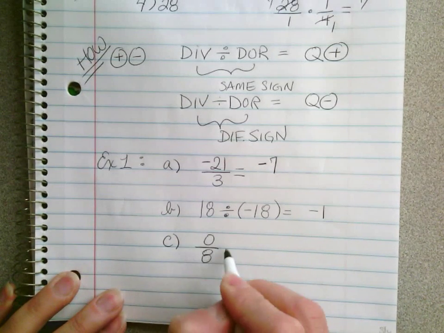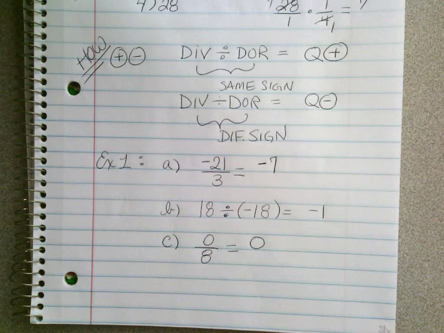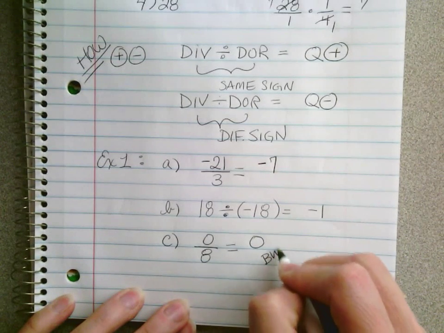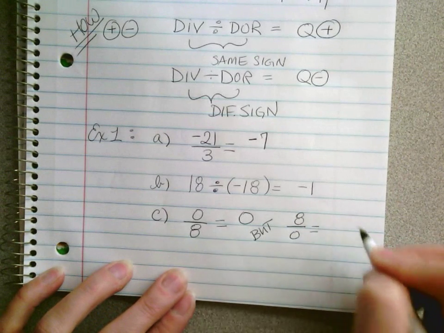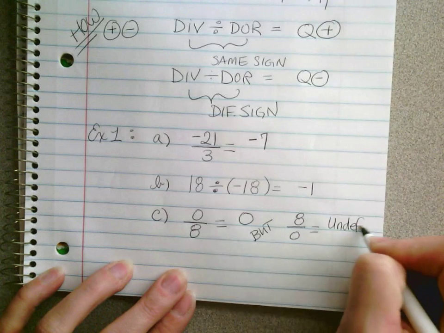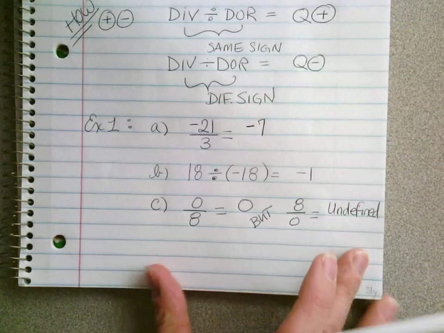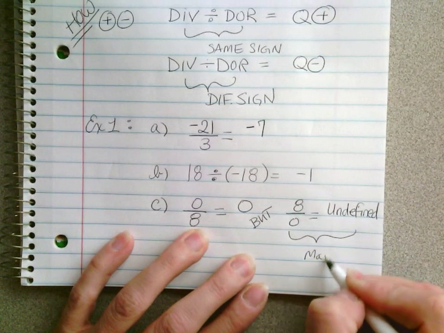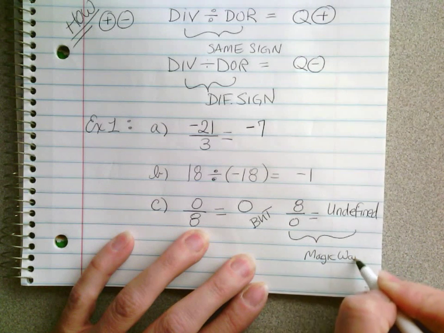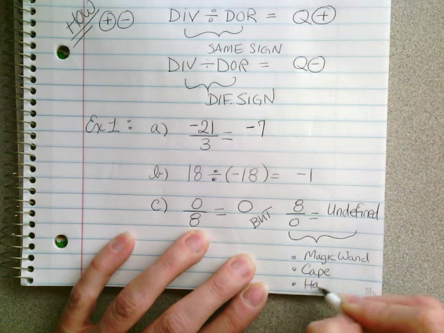0 divided into 8 groups. Yep. 0 divided into 8 groups is 0. But, and this is a big but, you cannot take something and divide it into 0 groups unless you have a magic wand, a cape, and a hat.